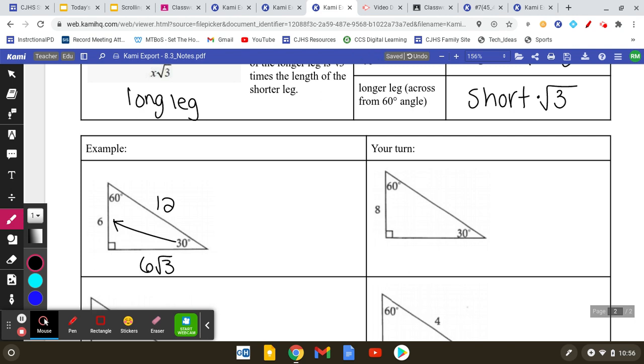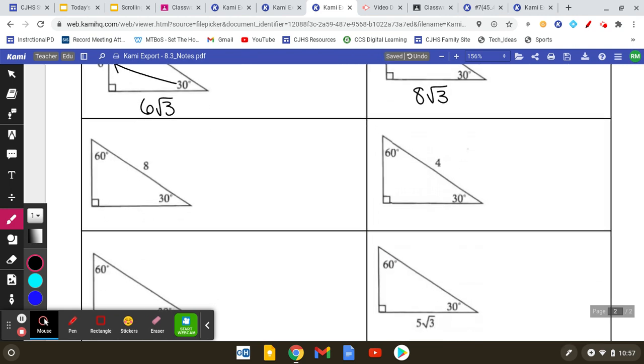Go ahead and see if you can do the next one. Not too bad, right? Okay, so what's the hypotenuse on the next one? 16, good. And what's the long leg? Perfect.